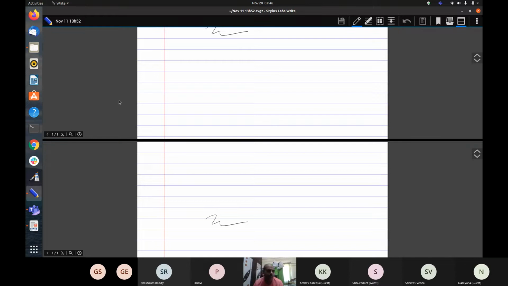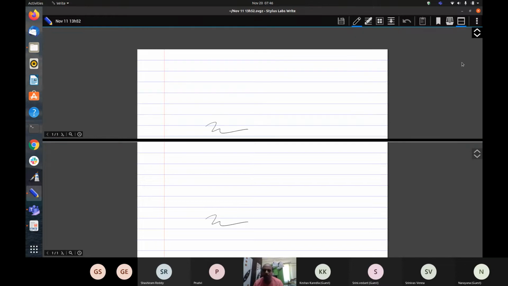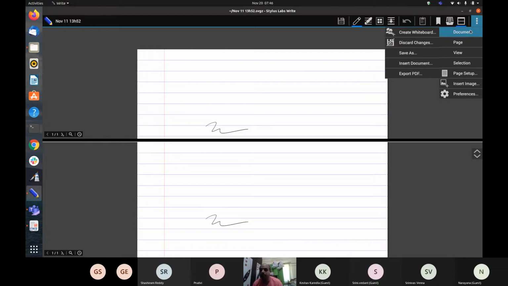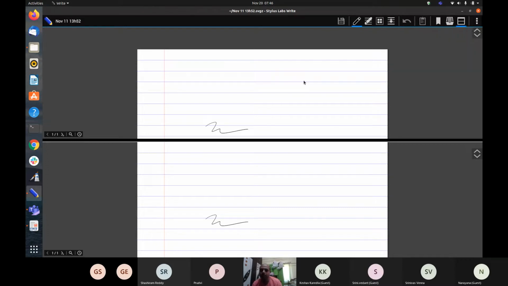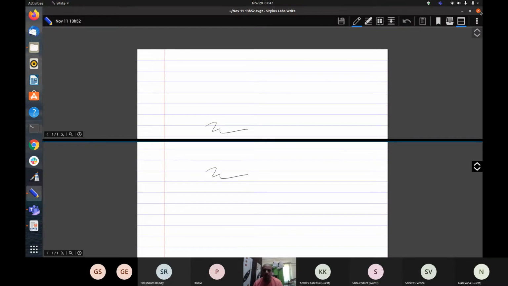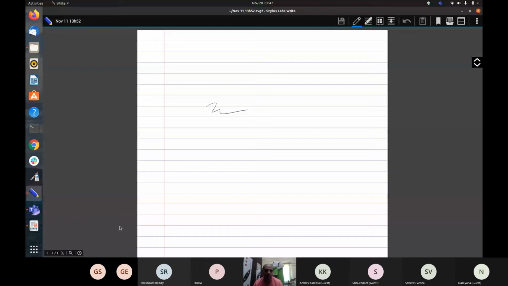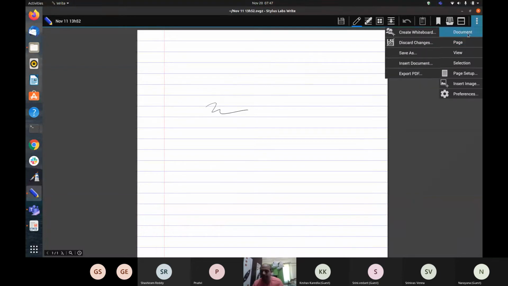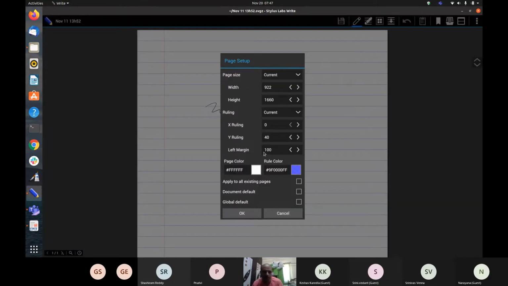How to close page? Okay. So page setup, I think.